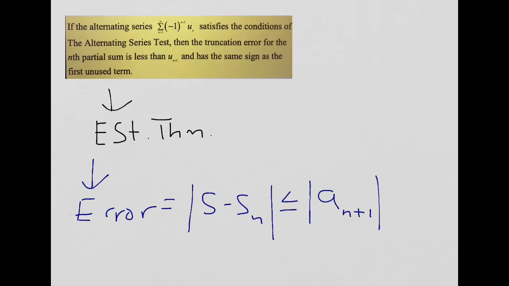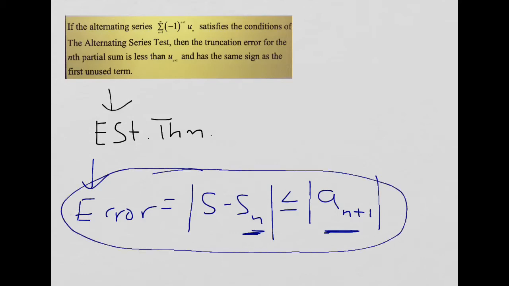Which is basically like if you're adding up, let's say, the first 2 or 3 terms, and you know the 4th term, you're able to get this error. This is for an alternating series. It's an alternating series error bound. So make sure that you have this down. This is something I'd write on the board. Make sure that you get it and you kind of understand it.